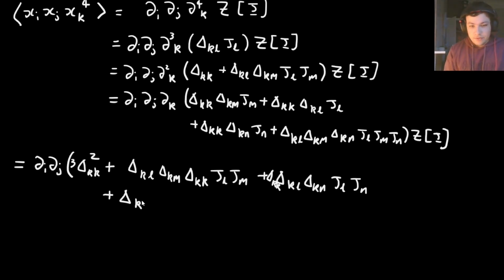Writing these out in full is not fun. Delta_km, delta_kn, here we go, J_m J_n, that's all of them.